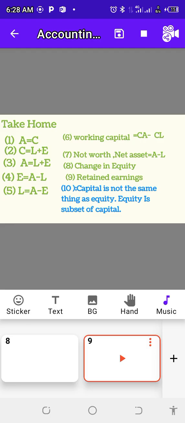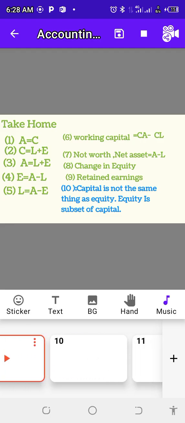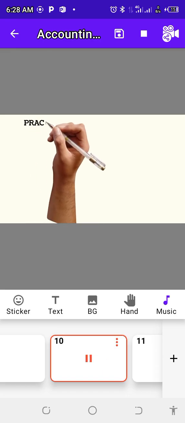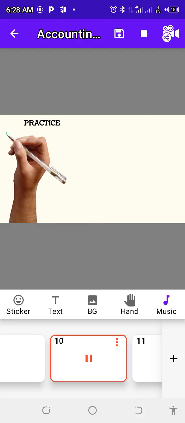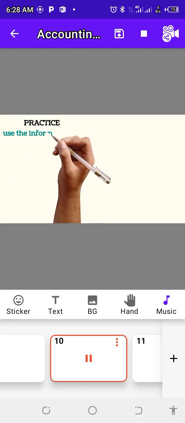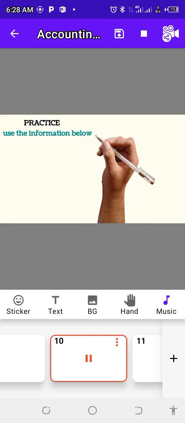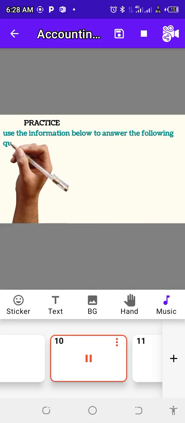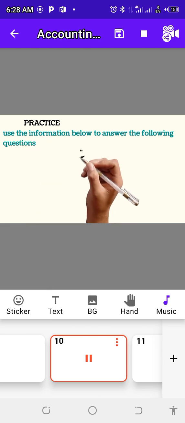Now, we want to take a practice. We take only this practice and call it a day. Use the information below to answer the following questions. Cash at hand is $30,000.